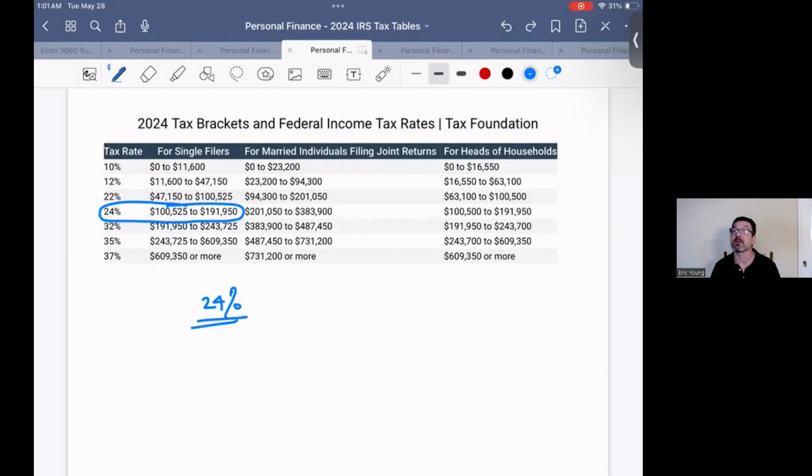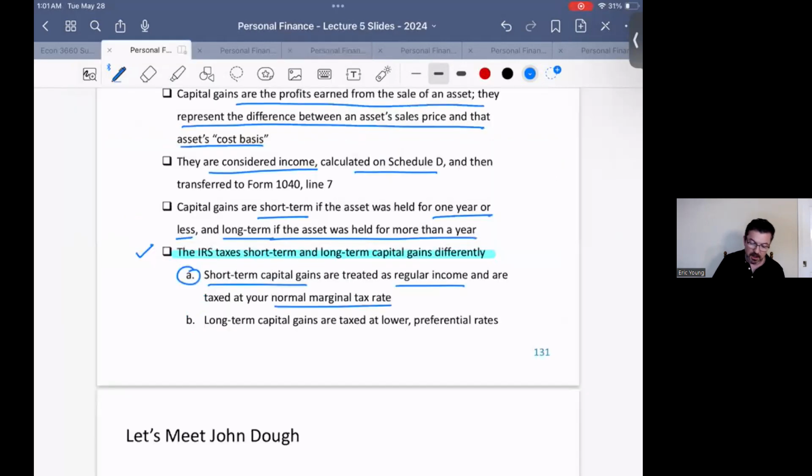It's not good. It's a lot of money to pay out. But notice this. Long-term capital gains are taxed at a lower rate, a preferential rate. These rates depend on your income, but basically long-term capital gain rates are significantly lower than short-term rates.